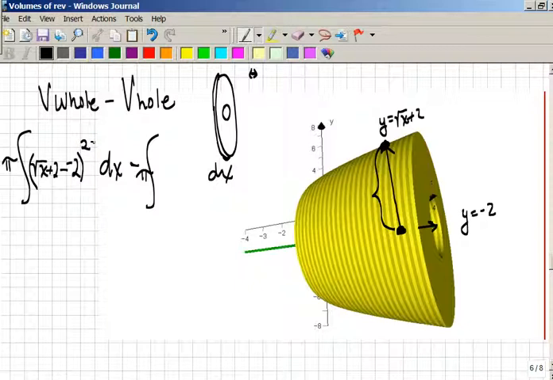Alright, now we need the volume of the HOLE. So, where is the radius? Well, the radius goes, again, from the axis of revolution to the edge of the hole. Now see, I know the edge of the hole is right on the axis because the original region was above the axis and below the curve. So now, what's that radius?